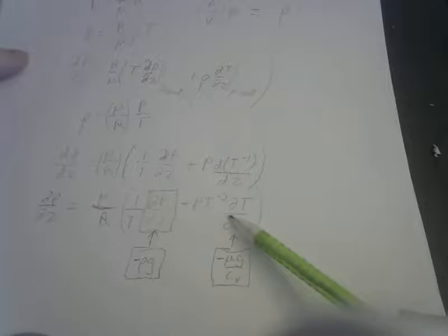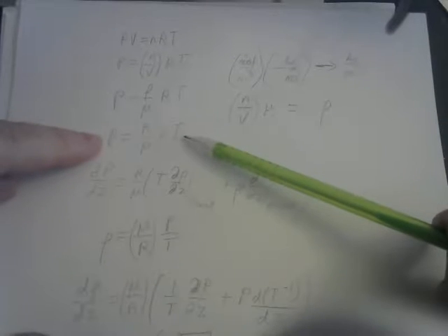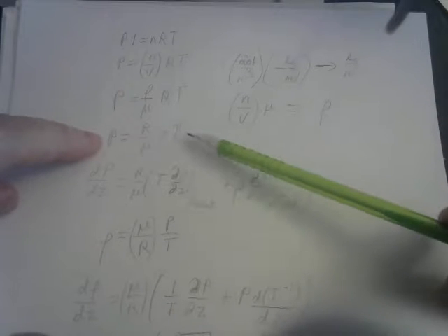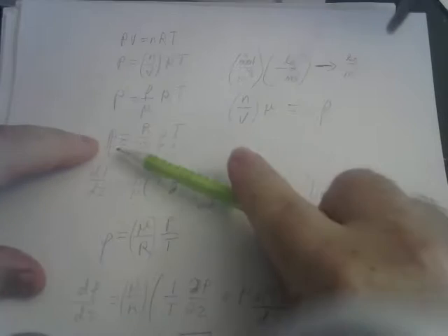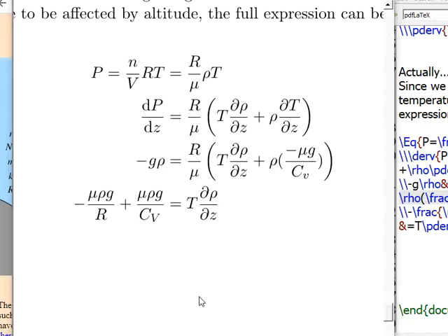Before I proceed in this direction, let me show you what I got when I left it in this form here, with everything on top. Instead of putting temperature on the bottom, I left everything on top, and that looked like this.